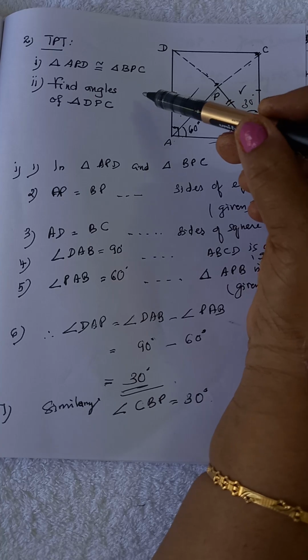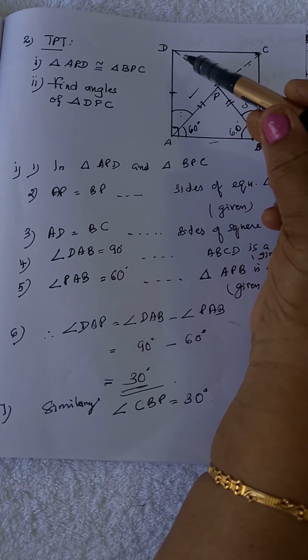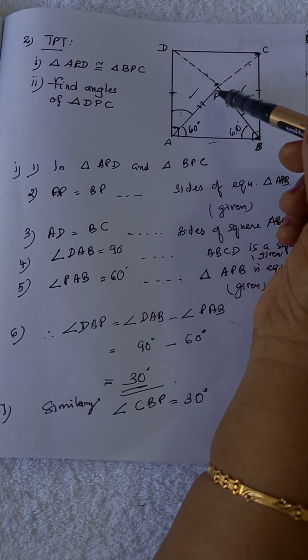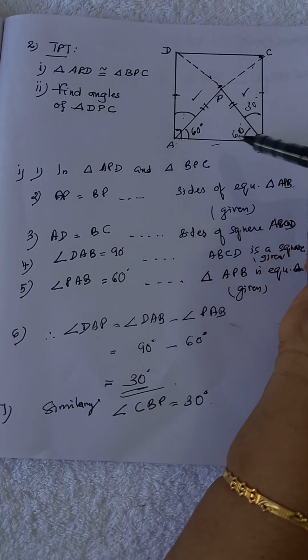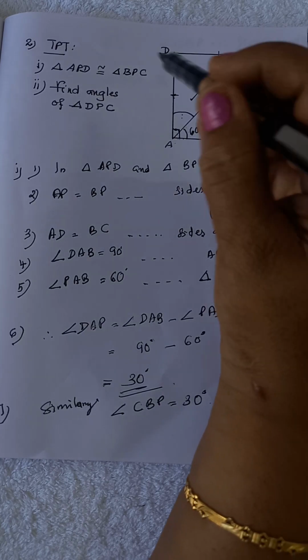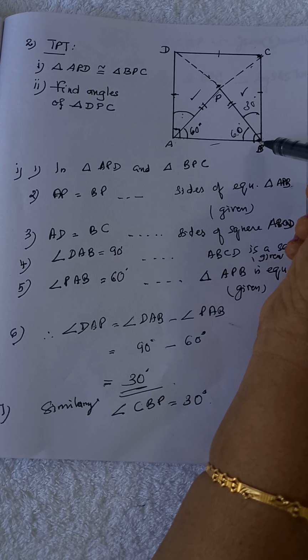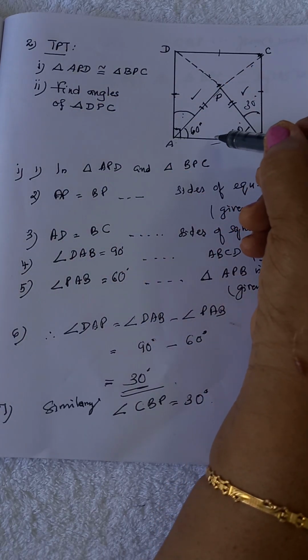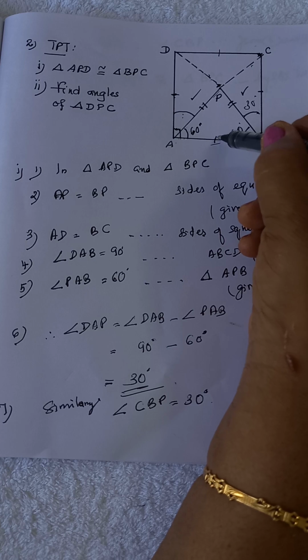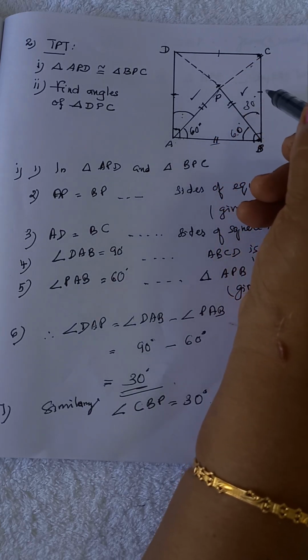Now in the second part of the question it is asked to find out the angles of triangle DPC. The square is ABCD. Each side will be the same. This APB is an equilateral triangle. So each side of this equilateral triangle will be the same and each angle also will be 60 degrees. Okay.